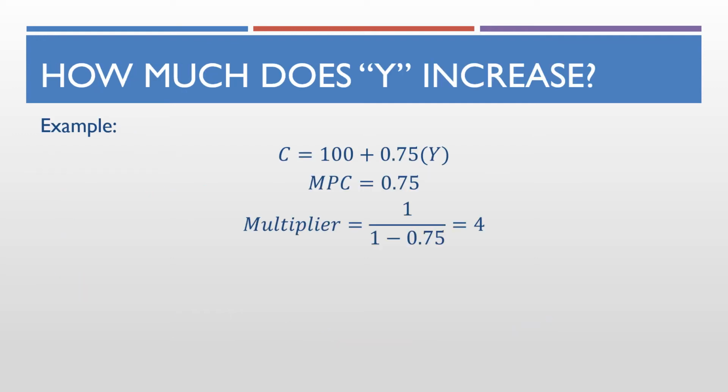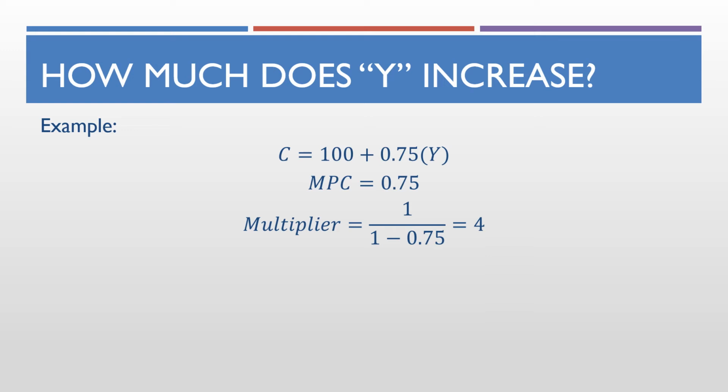Now, if we put this back into our previous problem, let's say we have the consumption function $100 plus 0.75 times y. The marginal propensity to consume in this problem is 0.75, and we will have the multiplier effect equal to 1 over 1 minus 0.75, which is equal to 4.